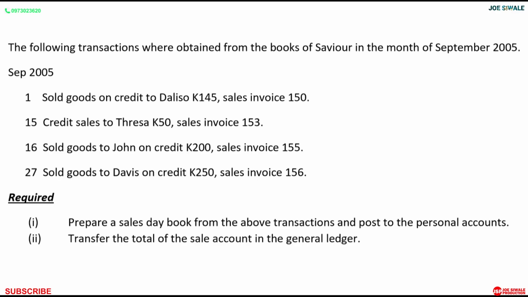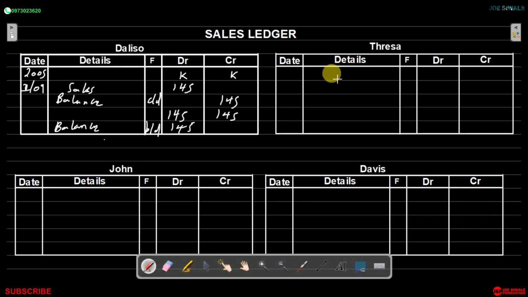Let us look at the other transaction. So the other transaction occurred on the 15th of September, and that was the transaction for Triza. So we have the account for Triza there, and since Triza had only one transaction, that means that we're going to put up the amount as 50 kwacha. This is because that's the only amount of goods that we have sold to Triza.